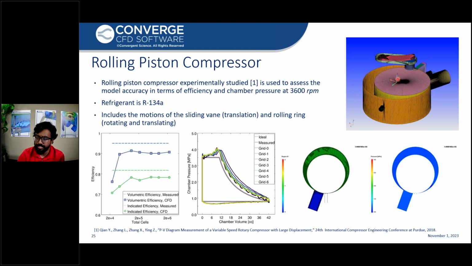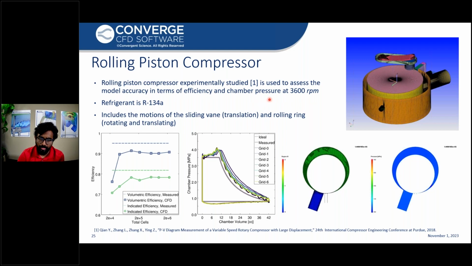Providing boundary conditions for these complicated motions might be a huge challenge. However, with CONVERGE, all you need to do is provide a table for the rolling piston and a translation motion table for the vane. It will automatically take care of the simulation, which makes it really easy.